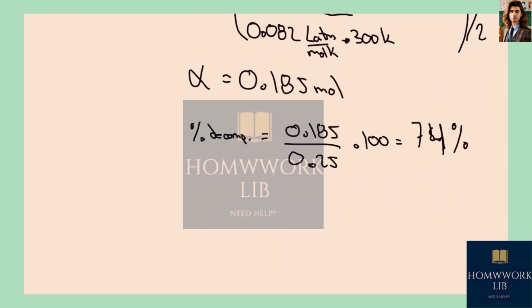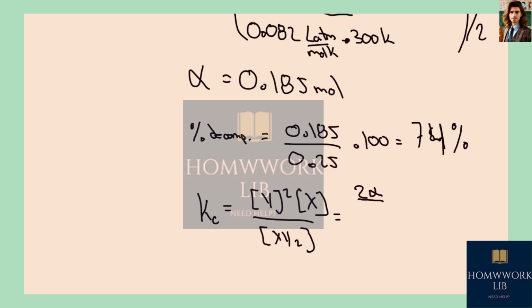So for example, for Kc, what we know is that this is going to be equal to concentration of Y squared times concentration of X divided by concentration of XY2. Recall that from Y, we're going to generate in amounts of mole 2 alpha divided by my volume.